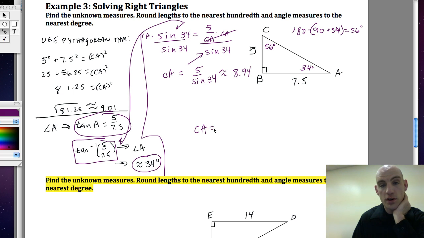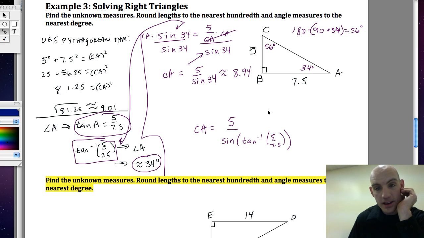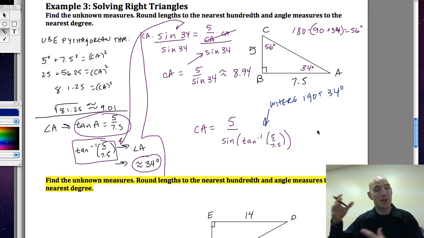CA really equals 5 divided by the sine of the inverse tangent of 5 divided by 7.5. Because if you'll recall, this is where I got 34 from. So that's where I got that about 34 from.